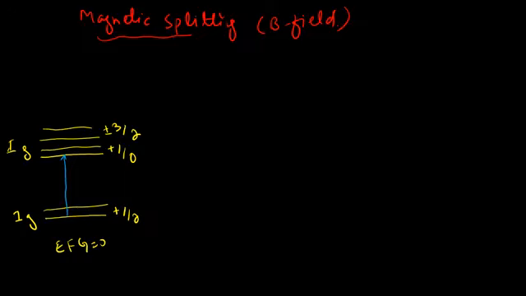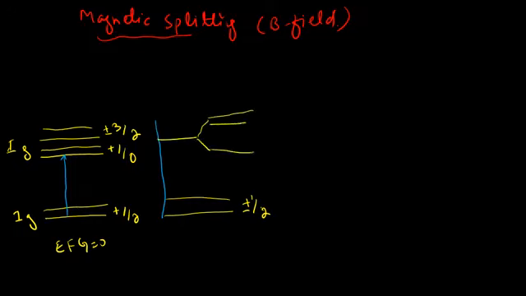But when the electric field gradient was not equal to 0, the ground state was the same, plus minus 1 by 2, but there was a split in the excited state. So this split in energy was like this one. These states were plus minus 1 by 2 and plus minus 3 by 2. So in that case, there were two signals from the ground state to the excited state.